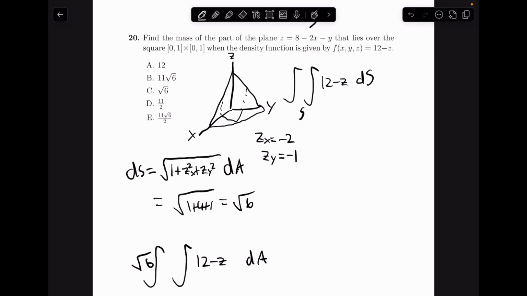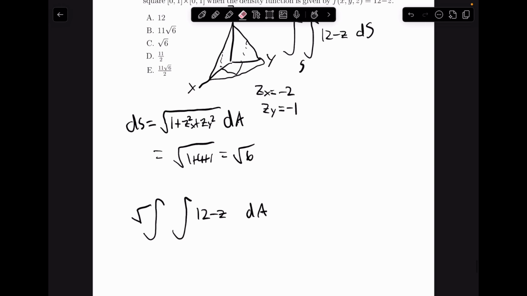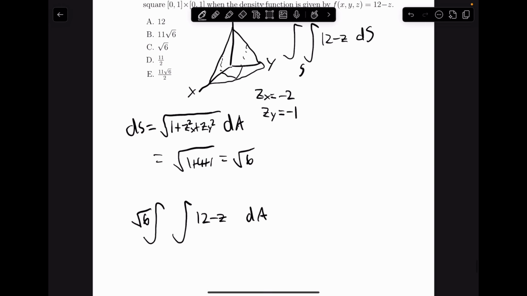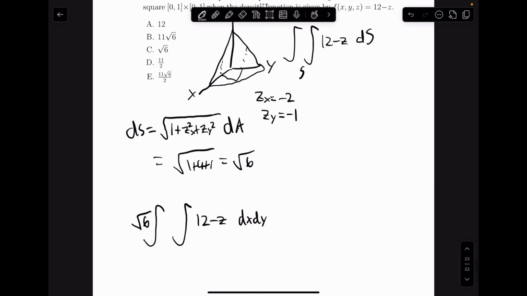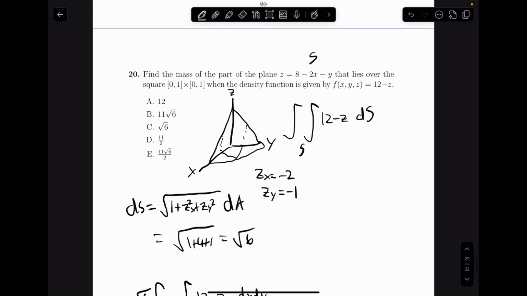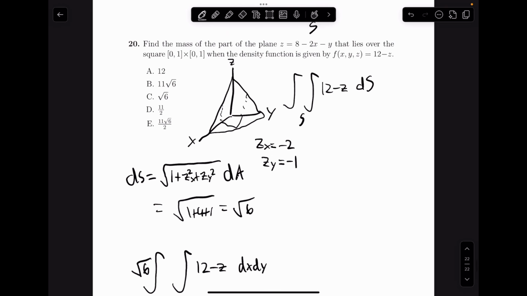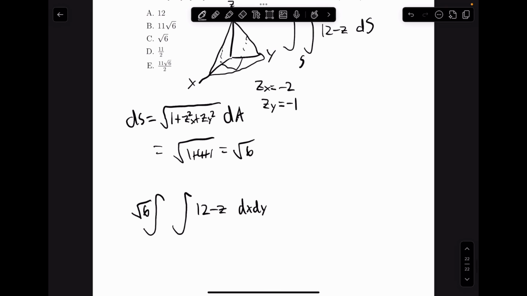I'm going to keep that out because it's a constant. And dA is also equal to dx dy, so I think it'll be easier if we just write dx dy. And we know the x bounds and the y bounds. They just give us those bounds, which is 0 to 1 for both x and y. So let's write those out.